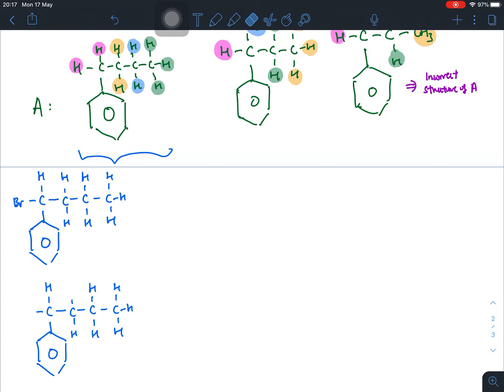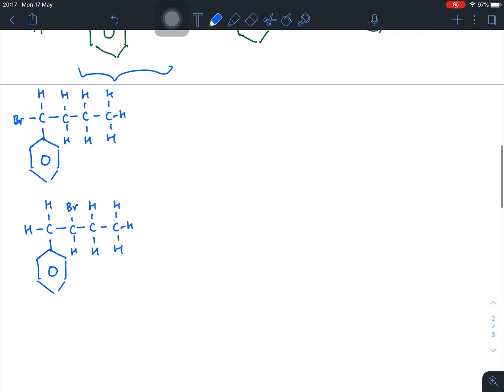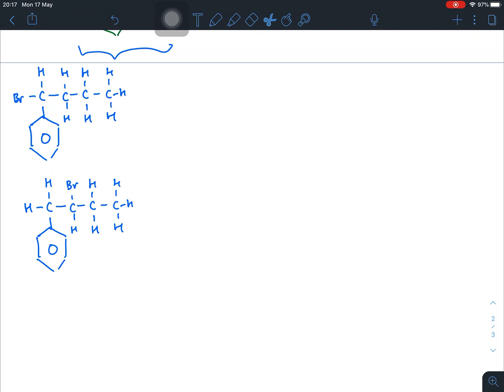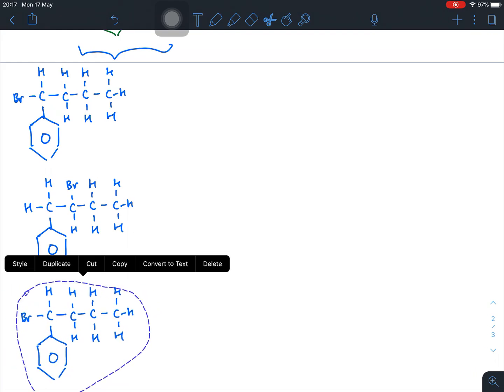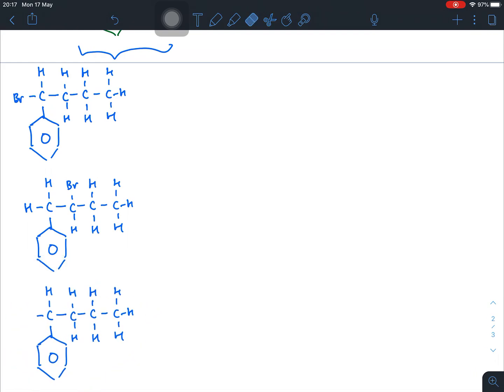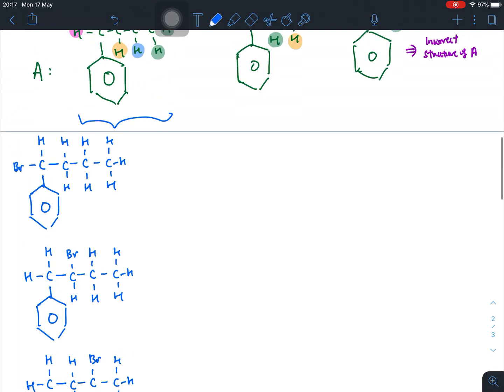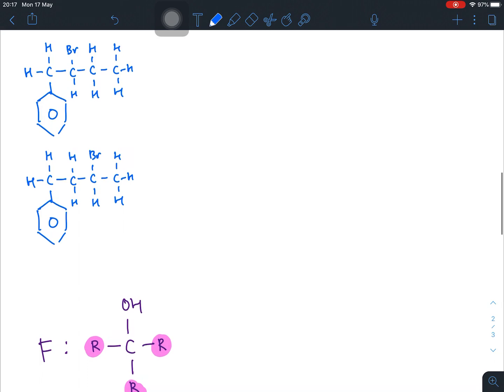Okay, so I'm just going to sub in accordingly at the respective position. I will color code it later on. The one in blue, okay, highlighted in blue. And finally, the one highlighted in green.